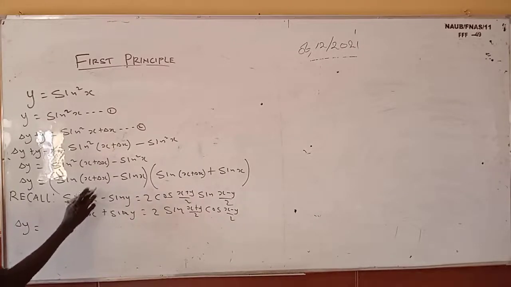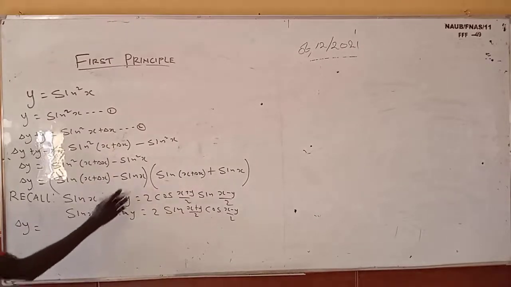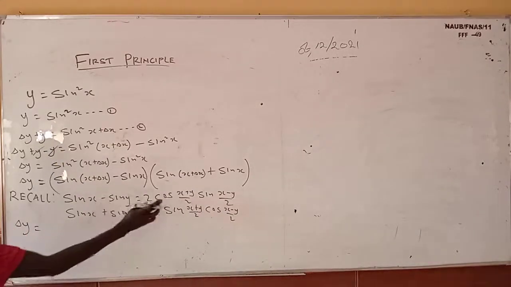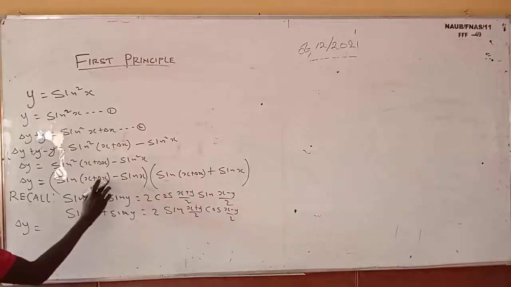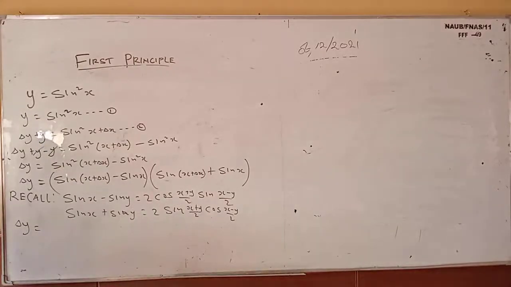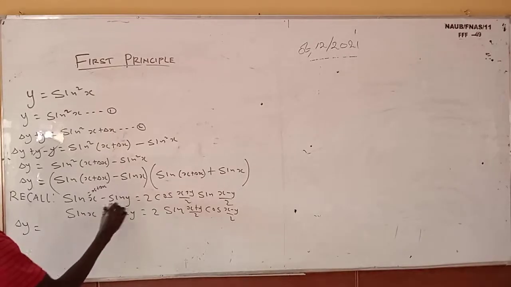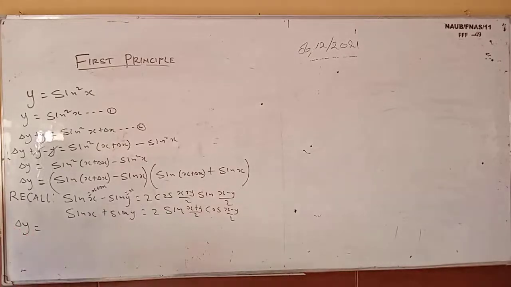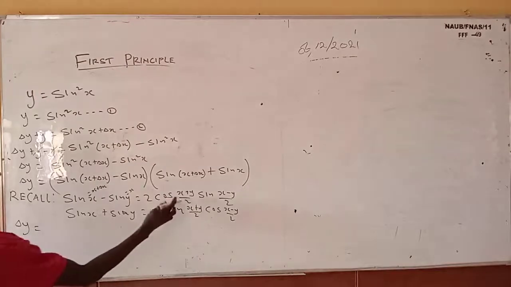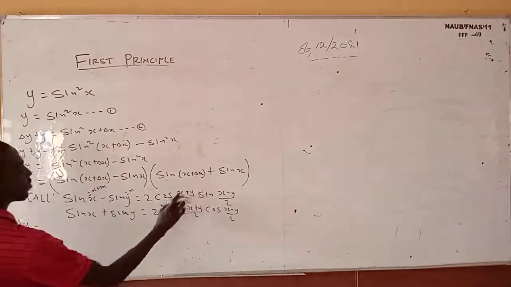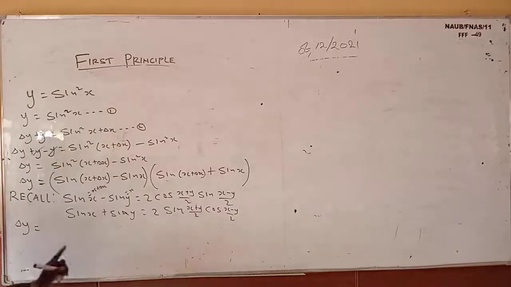It means A will be equal to x plus change in x, and B will be equal to x. So anywhere I see A here, I will replace it with x plus change in x, and anywhere I see B, I will replace it with x. Do you get this?